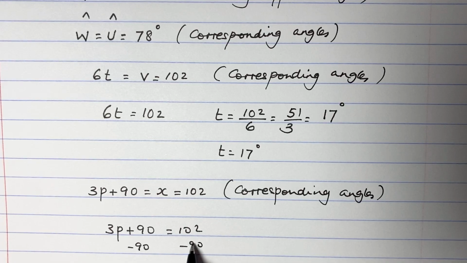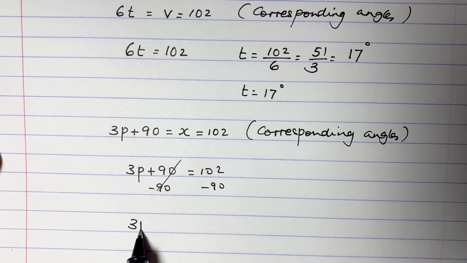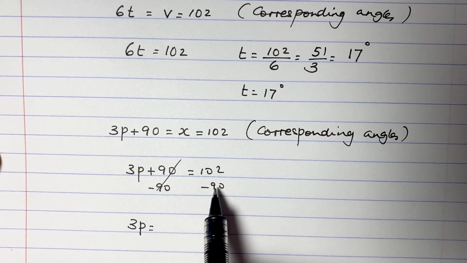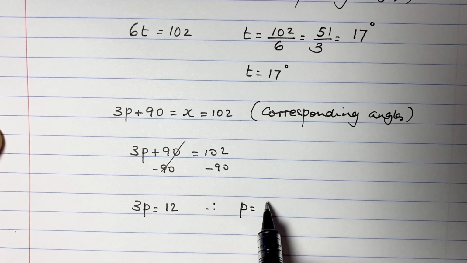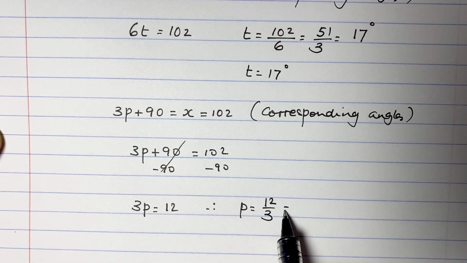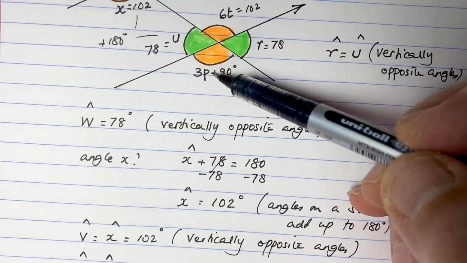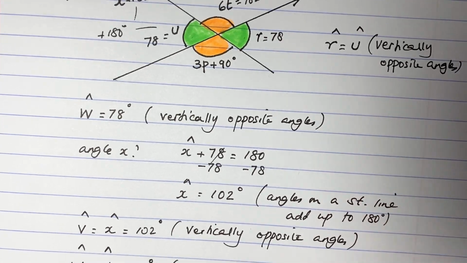Take 90 from both sides. So 3p equals 102 minus 90, which is 12. Therefore p is 12 divided by 3, which is 4 degrees. So the value of p is 4. 3 lots of 4 plus 90 makes 102 degrees.